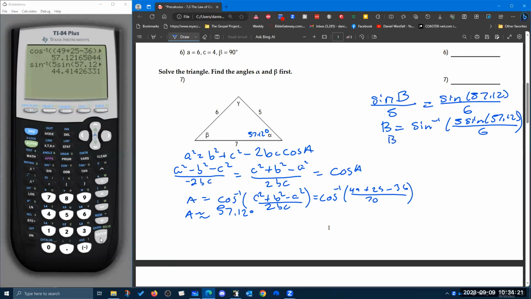And B is going to be 44.41 degrees. Add that to my 57.12, and then 180 minus, and I get 78.47. And we have solved the triangle.